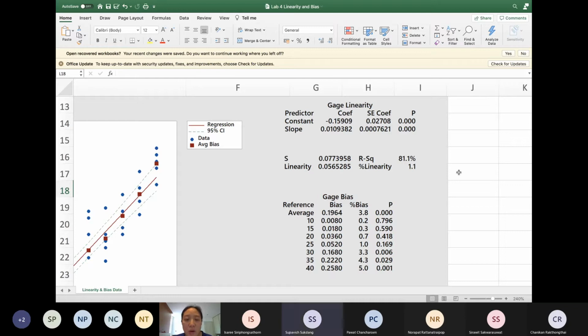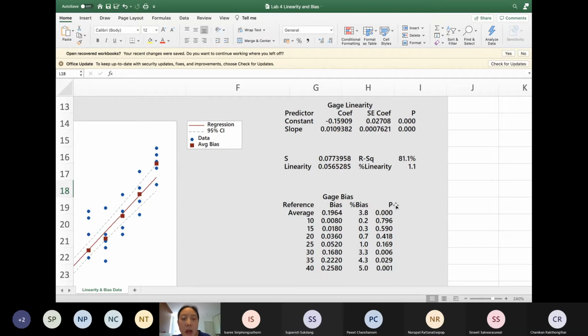The p value. Yes, you should take a look at the p-value exactly, and then you have to compare it with which value? Alpha, right. So the p-values are greater than alpha for reference values of 10 to 25.